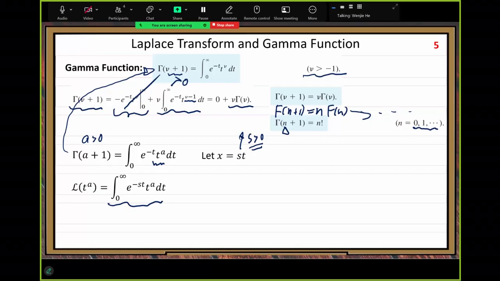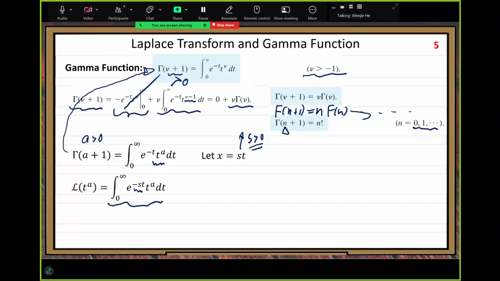Otherwise, if s is negative, e to the negative s times t is e to a positive number, and it cannot converge. Only when s is a positive number does the integral converge.